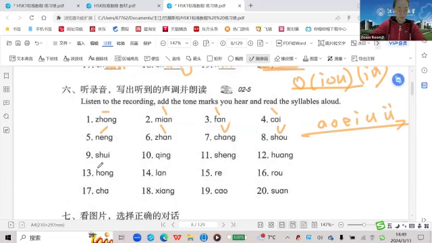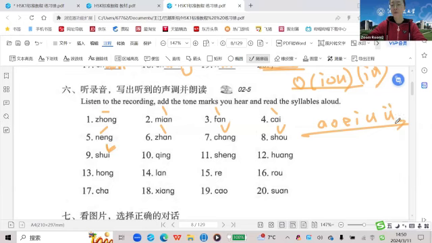Okay, number 9, 水. Where should we mark the tone? Yes, the third tone is correct. But where should we mark the tone? U or E? U or E? Yes, the right answer is we should mark the tone above the alphabet E. Why?